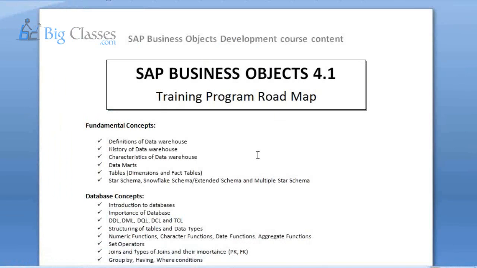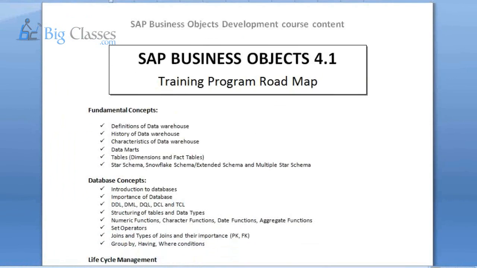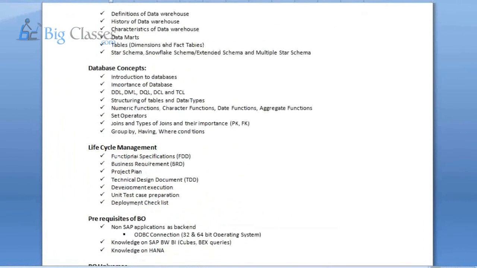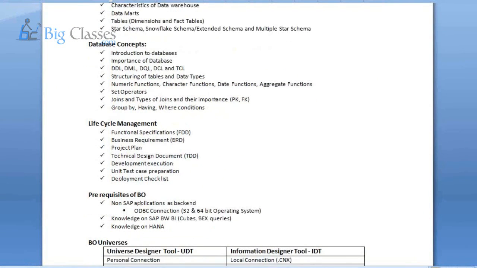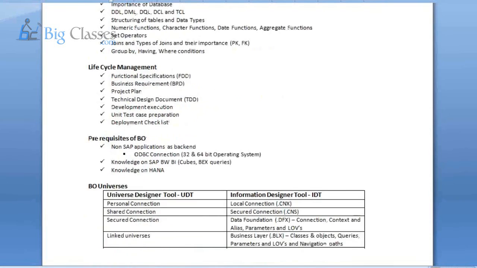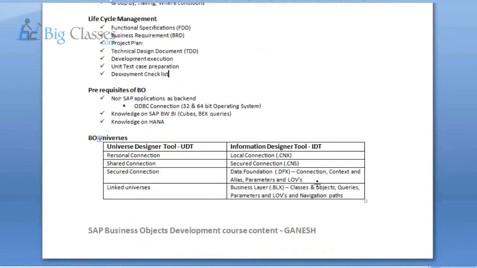You will come to know a few fundamental concepts: what is meant by schema, what is meant by fact table, dimensions, and then some database concepts, and then life cycle management, like what sort of process organizations follow, everything, and prerequisites. Before starting the actual classes, what basic knowledge is required. I'll be providing that information.